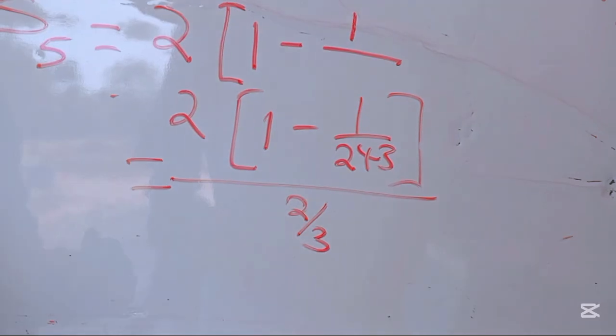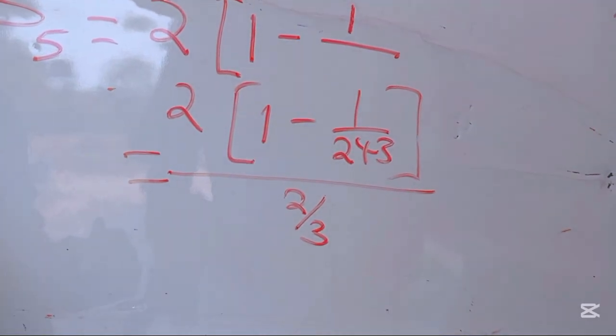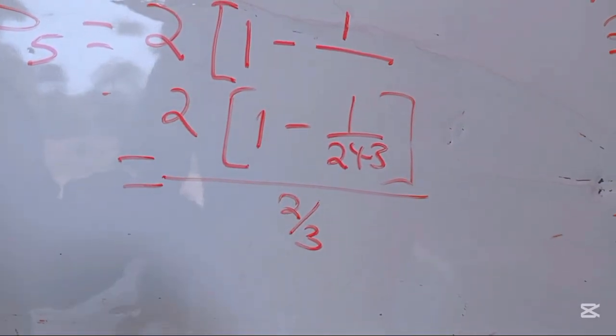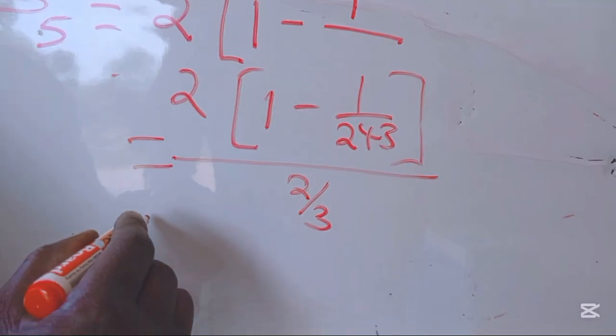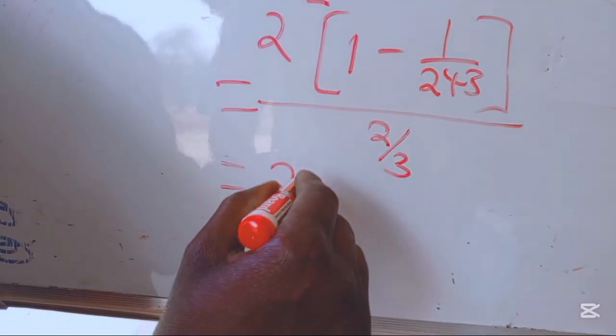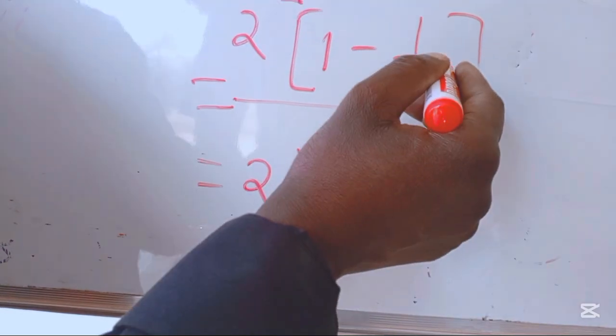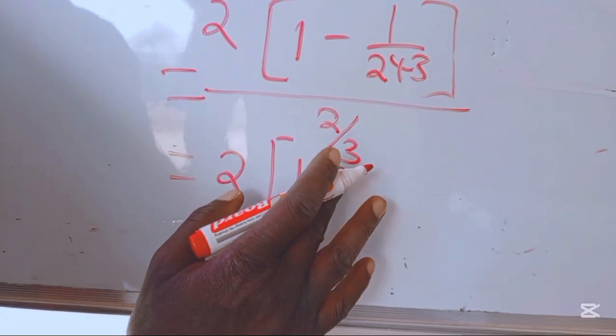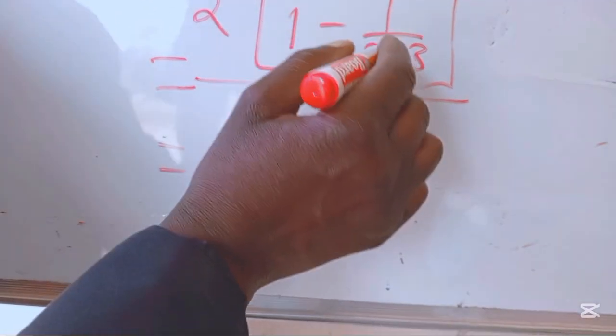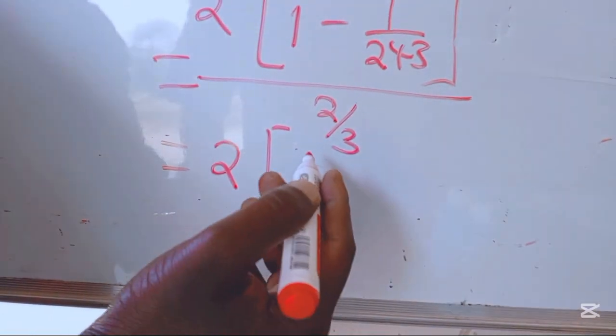So now again here, I work out this nicely. How do I work out this nicely? In short, when you work out nicely what is in brackets using your calculator, you are free to use a calculator.